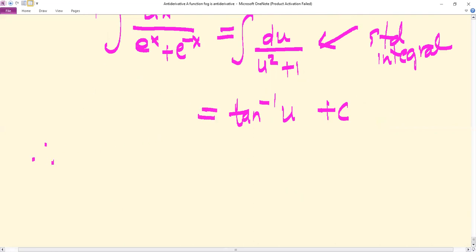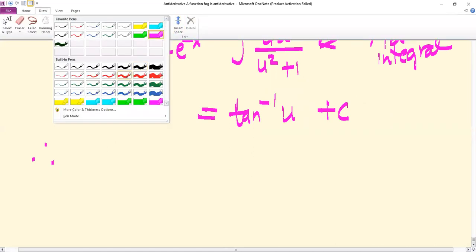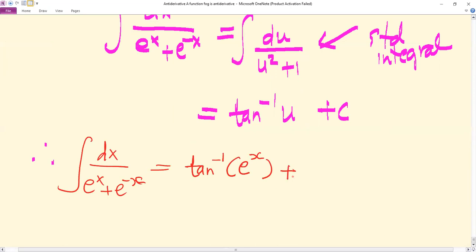So therefore now bring back our x variable. We say integral of dx over e raised power x plus e raised power minus x is nothing but tan inverse of e raised power x and then plus c. So this is the solution to that given problem. Thank you.